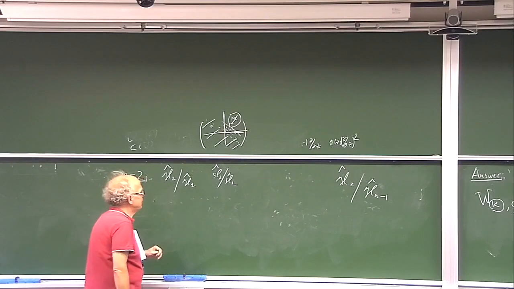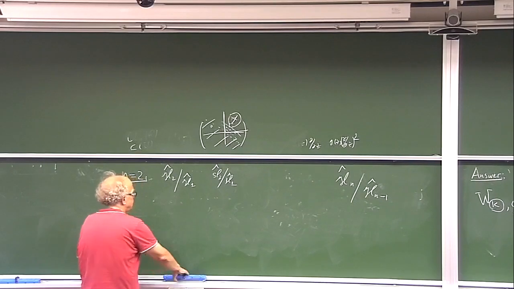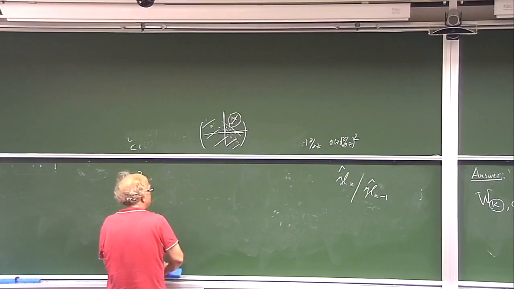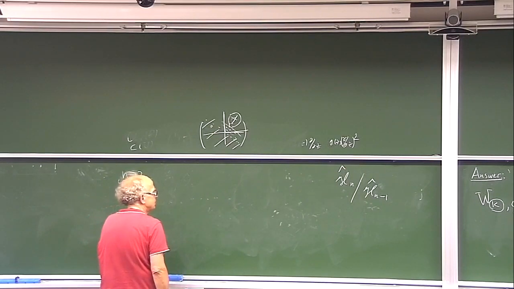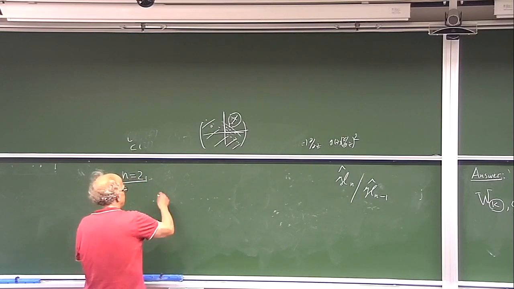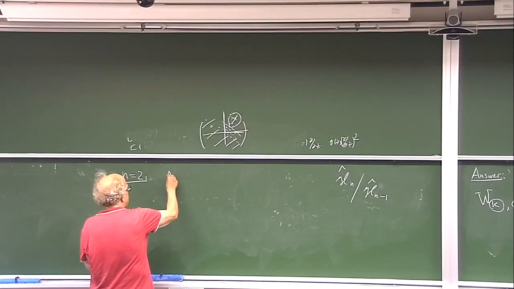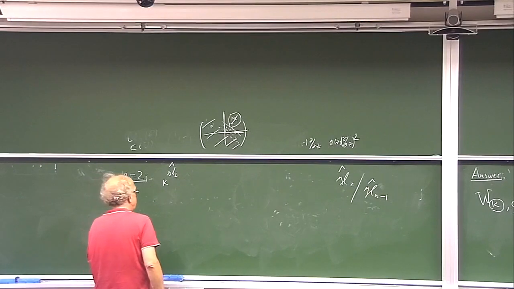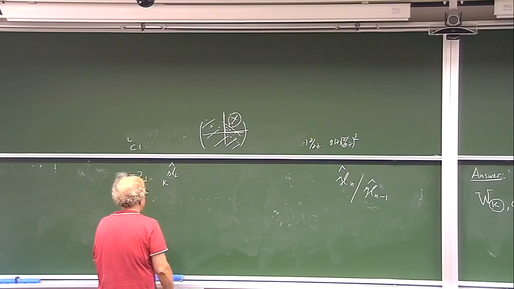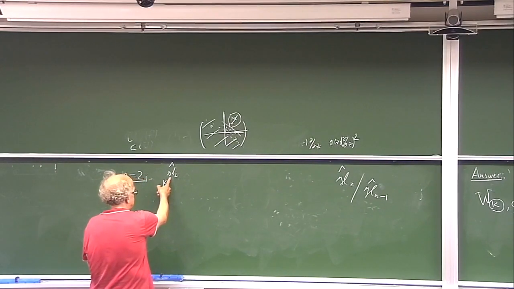But what does it mean? It means that to get the vacuum representation of the corresponding quotient, we have to take SL2 hat for generic K, and take the vacuum representation for this.